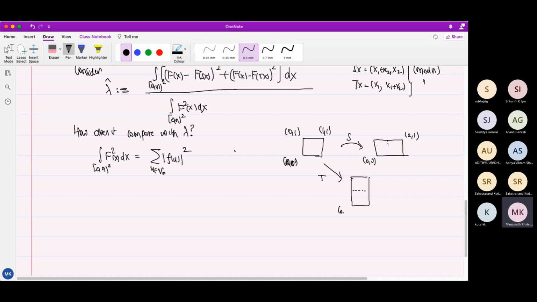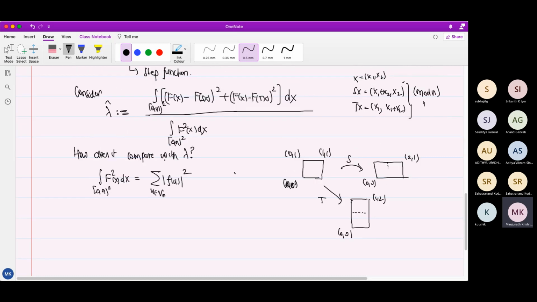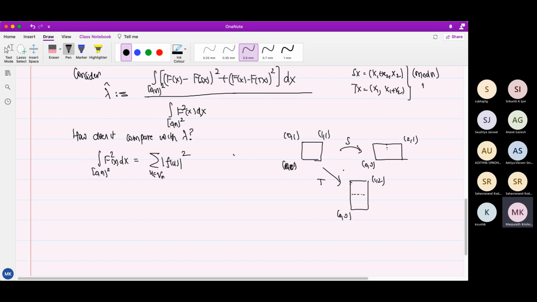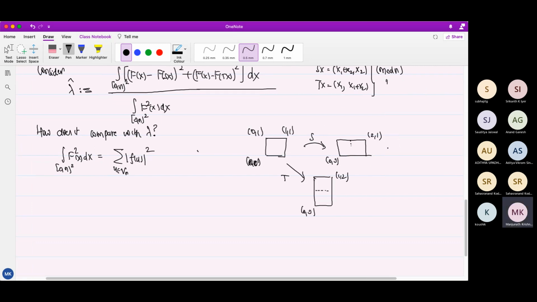Okay, so 0, 0. This will be 1, 2. So this is clear, right? So when we look at what is f of sx, what this means is that f of sx, so the same for any square.